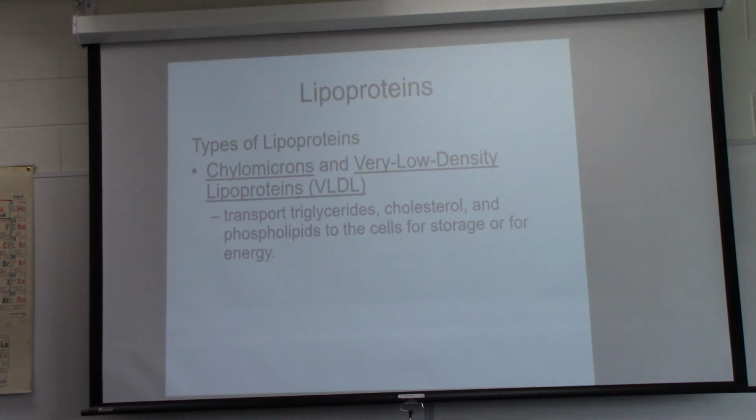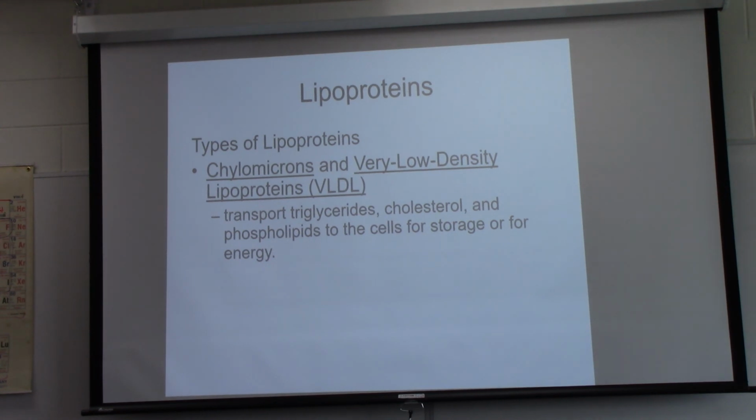And what they do is they move triglycerides, cholesterols, and other things to cells so that the cells can use lipids for energy and storage. Okay, so when I showed the slide earlier, how lipids move around in your blood, they may go to your cell for energy. This is how they get there, through these 2 types of lipoproteins.